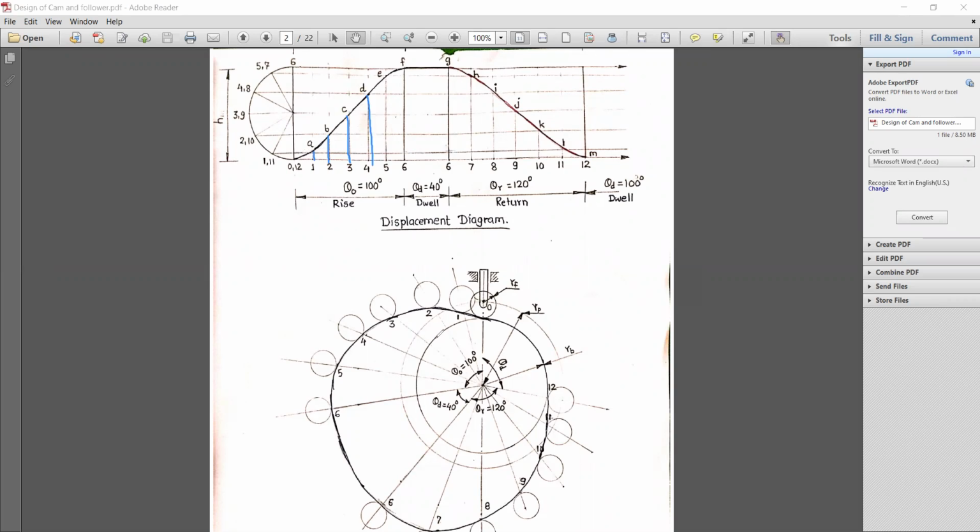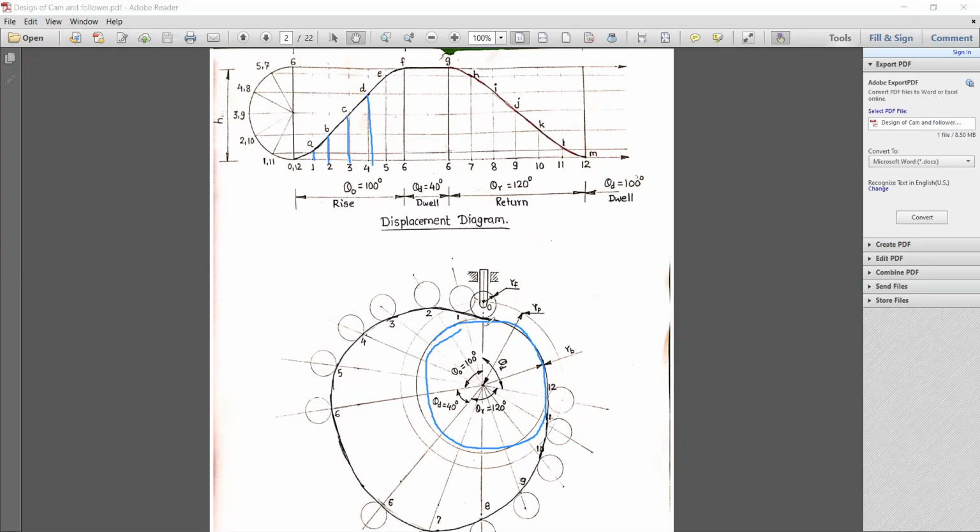Here initially we have to draw a base circle with a radius of 30 mm, which we have already assumed at the initial stage.